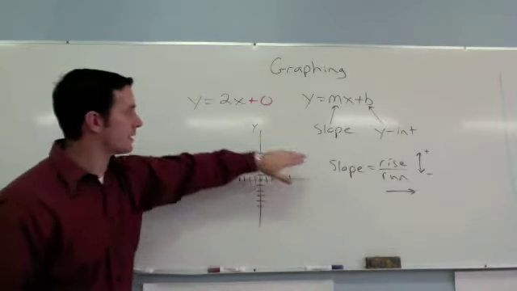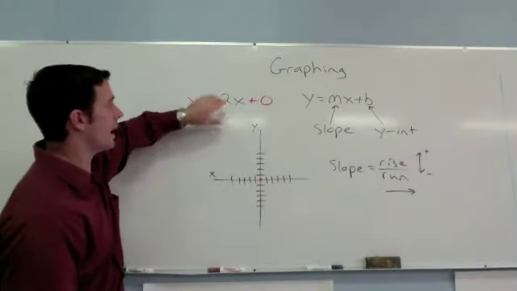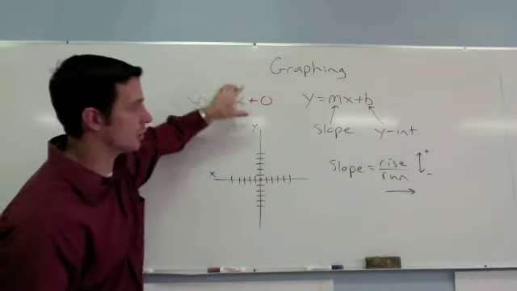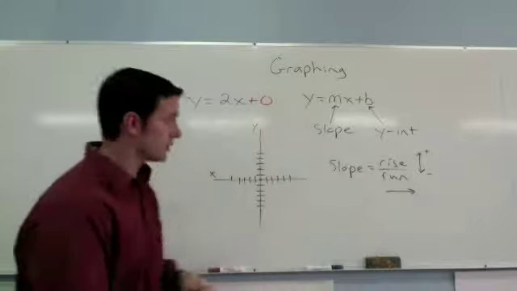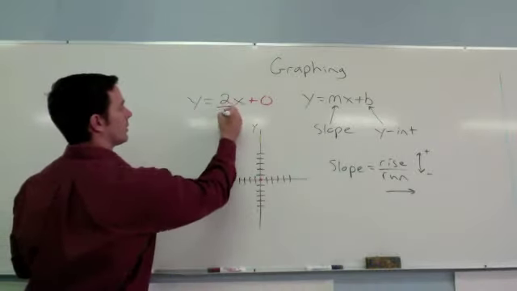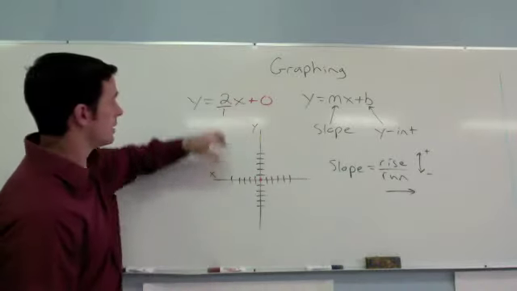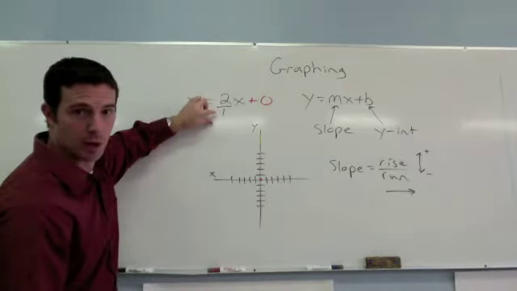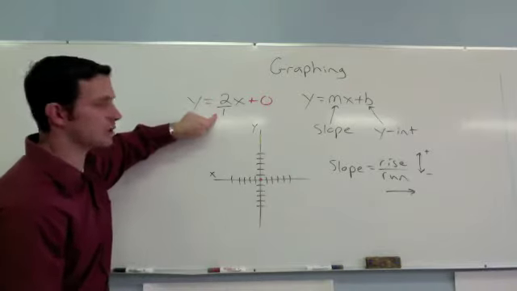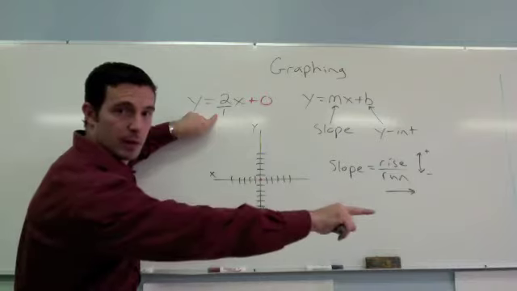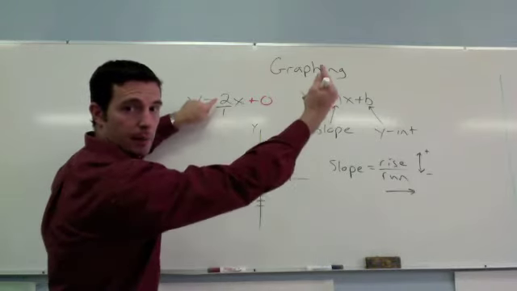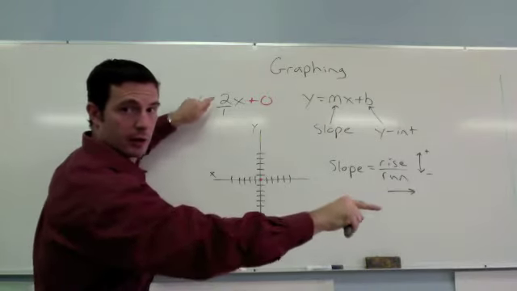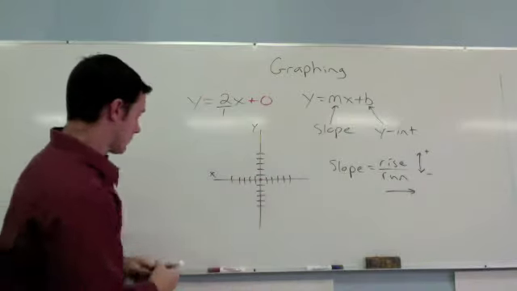So, comparing this to this, I want to make this look like this. So I simply put a 1 underneath. Now it's a fraction. Here's my rise, here's my run. So this tells me I'm going to go 1 this way, and then 2 up. Over 1, up 2.